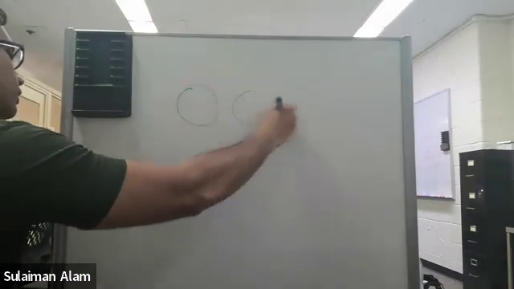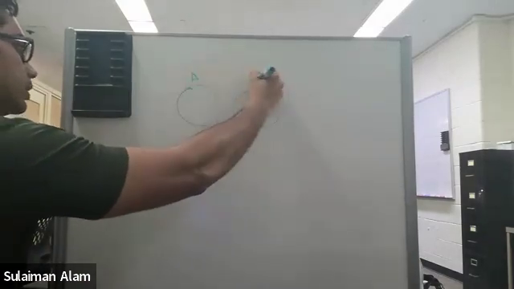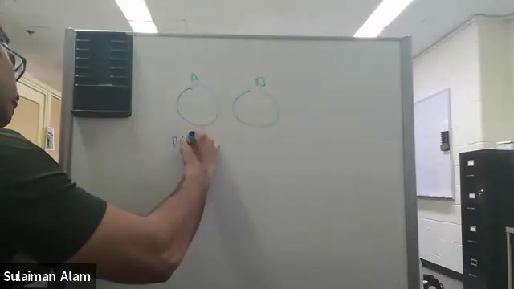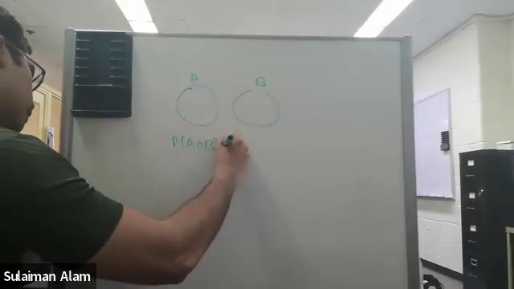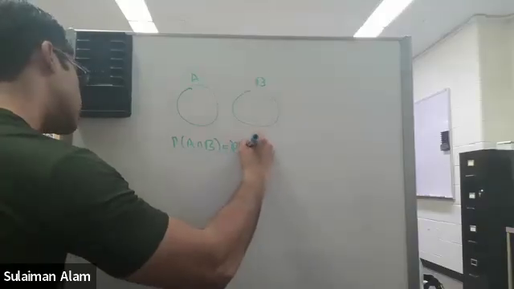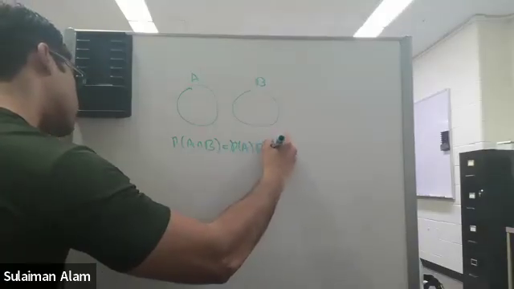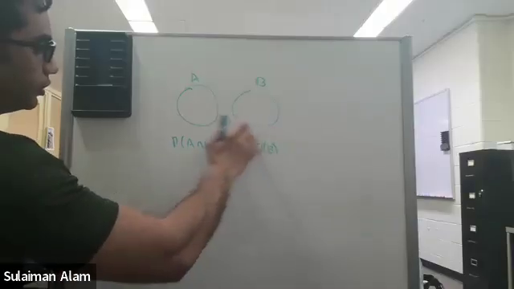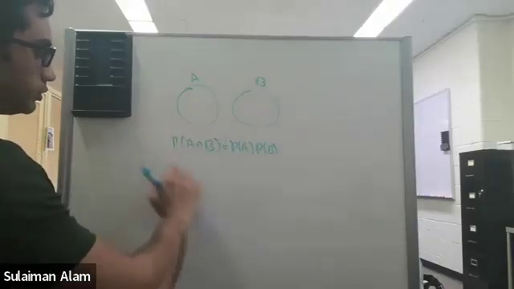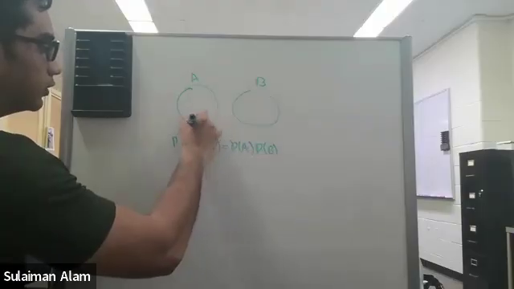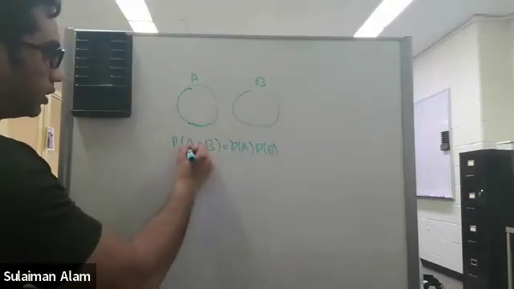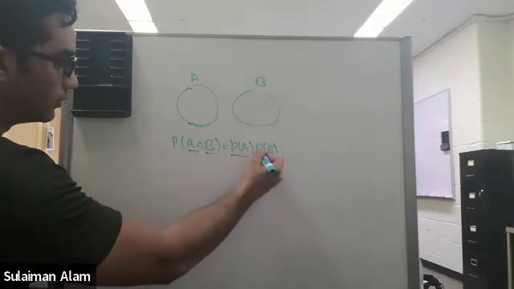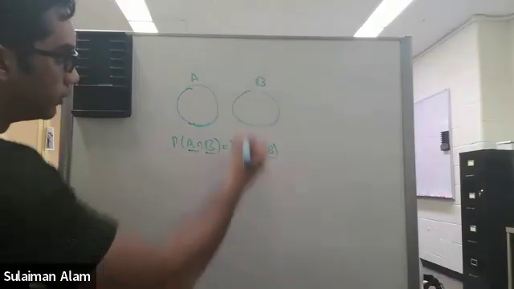This is event A. This is event B. If this is the formula we use to see if 2 events are independent, so if the probability of A and B is equal to the probability of A times the probability of B, then they're independent.